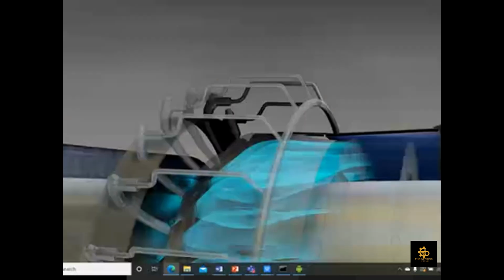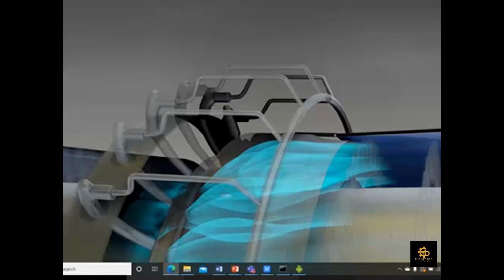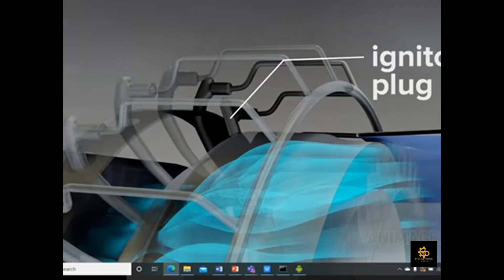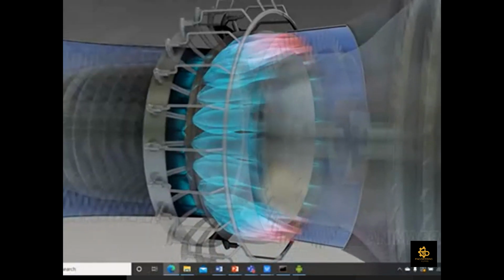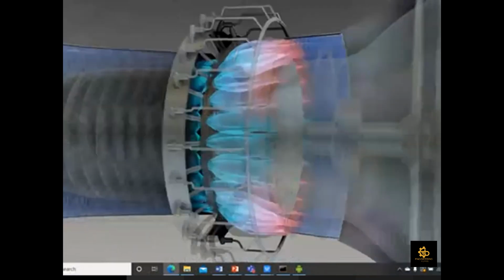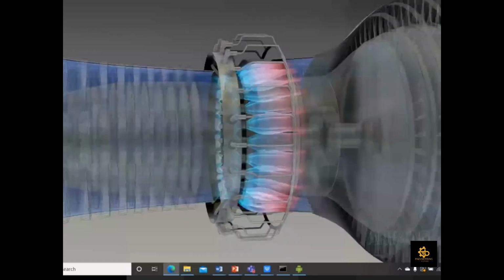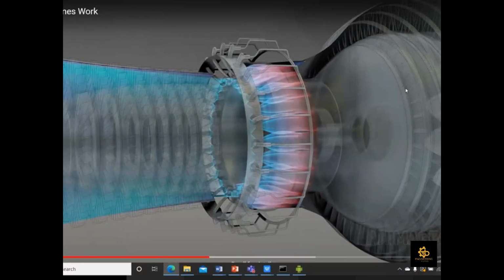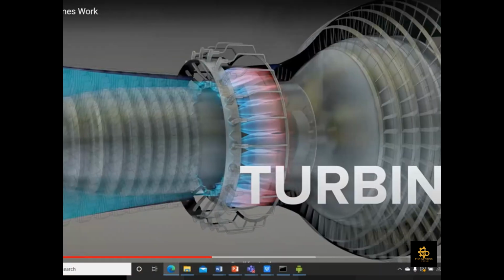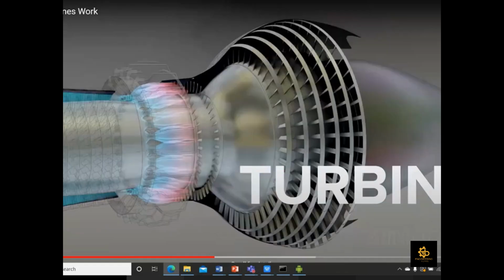There are multiple fuel injectors installed throughout your turbine section. And there will be an ignition plug also, similar to your motorcycle, where the ignition process takes place. So now here is the turbine section.